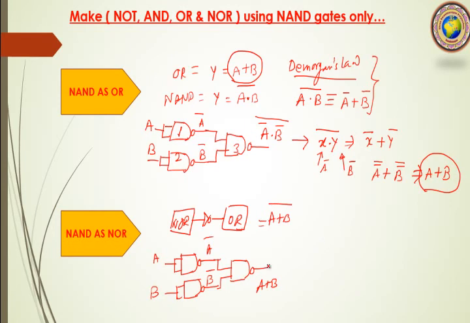So here we just put one more gate which is used for the conversion of our input, A plus B bar. So this is equivalent to our NOR gate. This way we can develop it by using 1, 2, 3 and 4. So for this NAND as a NOR we are using 4 NAND gates. In the same way we are using 3 NAND gates. So we have to remember these particular gates about the design.